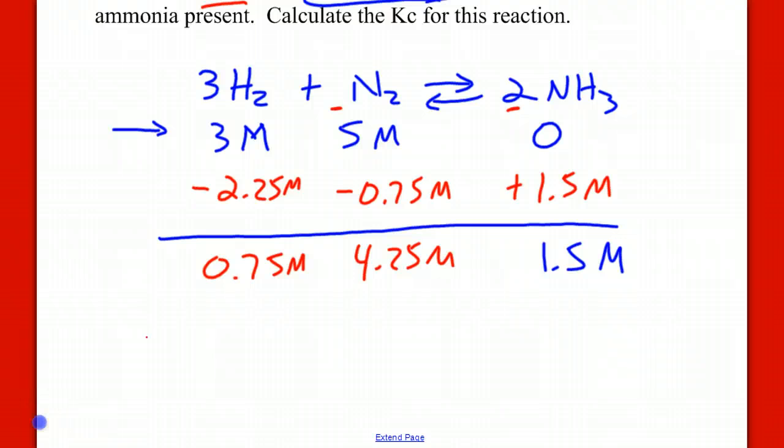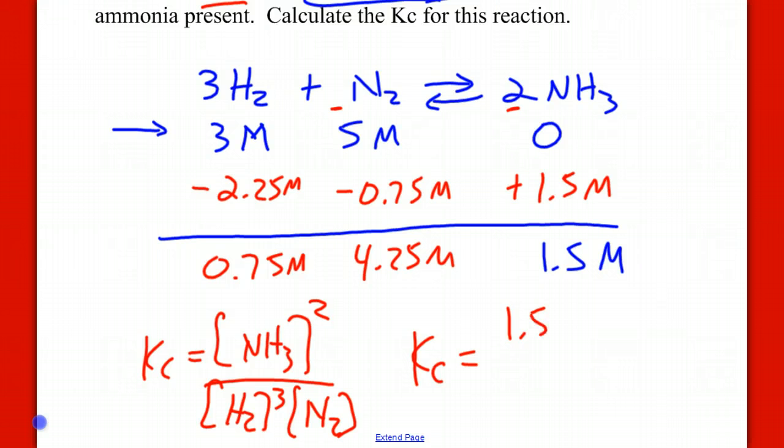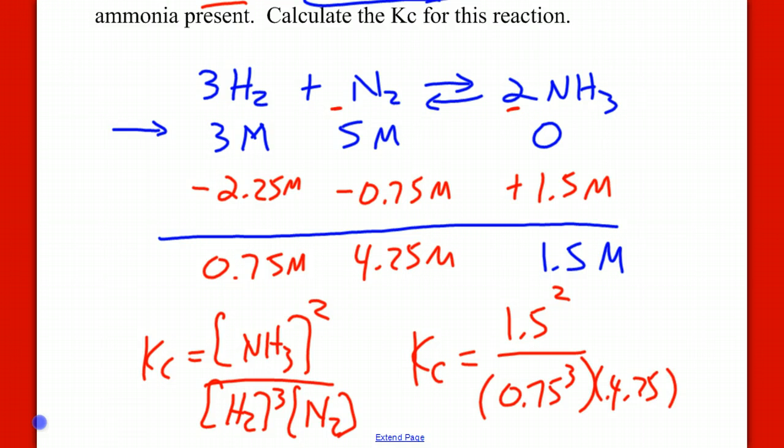Now you're asked for Kc, so I'm going to write the expression. You have to write it out. And then plug and go. So Kc is going to equal 1.5 squared over 0.75 cubed times 4.25.